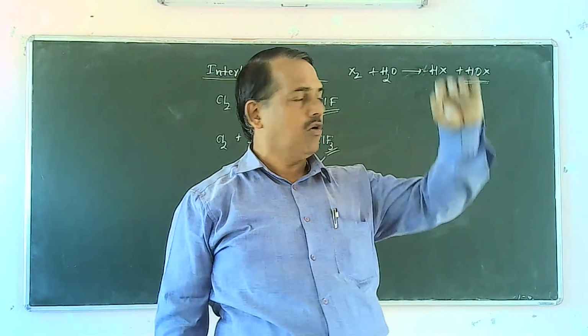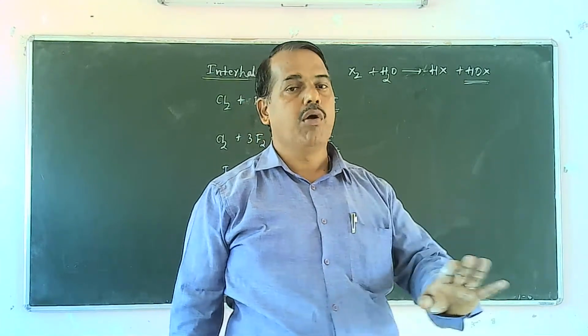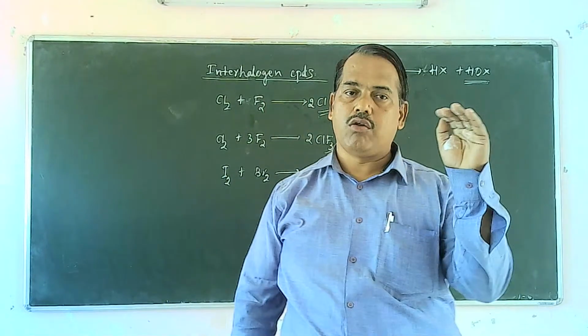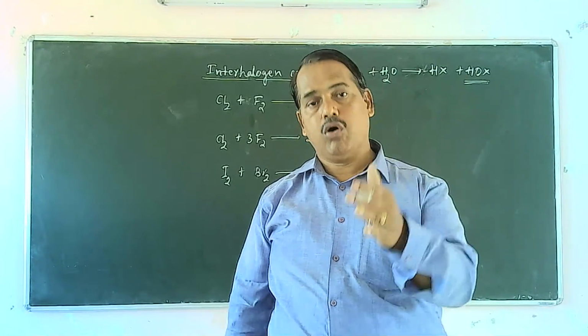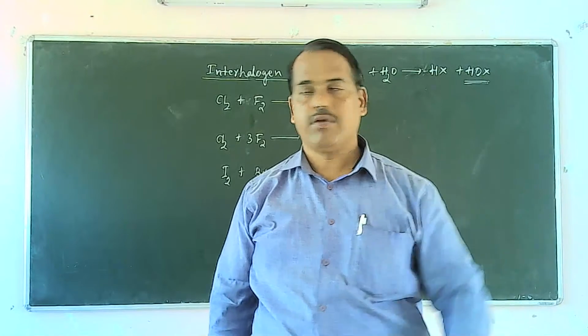When halogen is hydrolyzed, when it reacts with water, especially fluorine, fluorine forms hydrofluoric acid as well as hypofluorous acid, that is HOF.